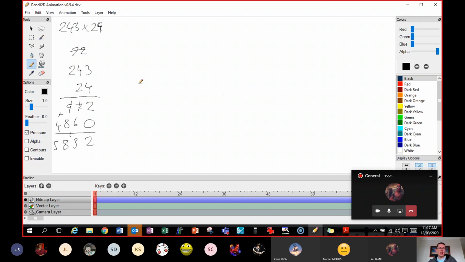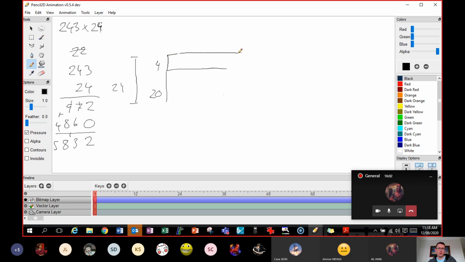Okay, let's see what we actually did here as an array model. 243 by 24. Well, we can do the same thing. And what you actually did is an array model. I'm going to break the 24 into 20 and 4, because this overall length is 24, and when you multiply two things, it's the area.